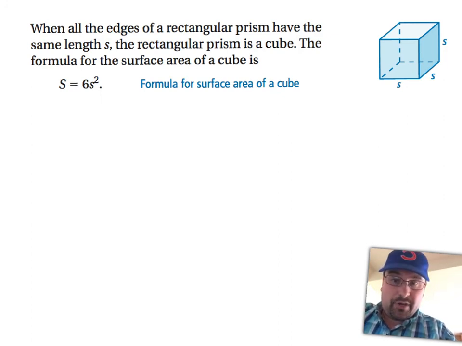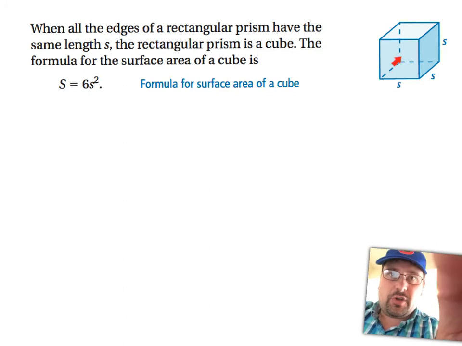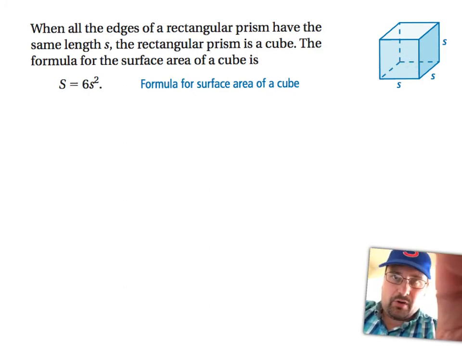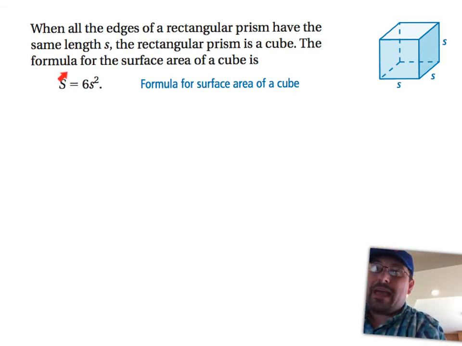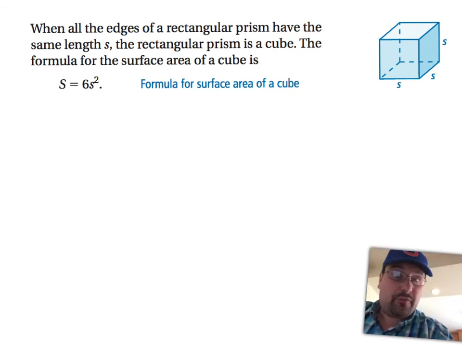Now, when you get to a cube, all sides are equal. So if all areas are equal, I just find the area of one side, and I multiply by 6. And that is the formula for surface area of a cube. When all edges of a rectangular prism have the same length, s, the rectangular prism is a cube.